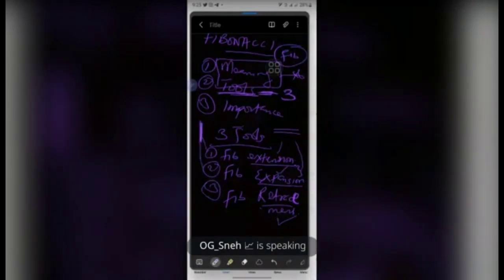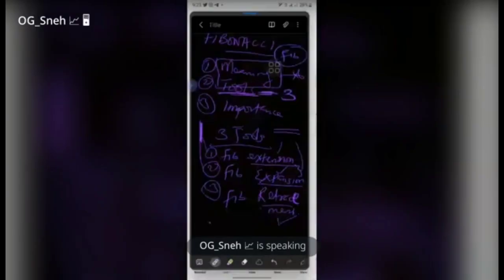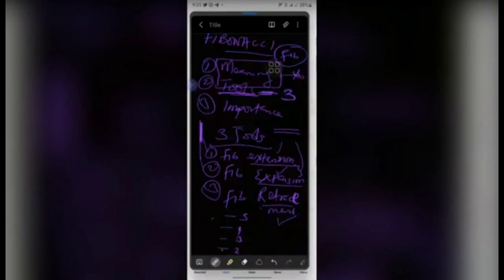They serve the same purpose. And what is the purpose of Fibonacci extension and Fibonacci expansion? We use it to take profit. You understand? We use it to take profit. That is to set our take profit. Let's say you enter the market at, let's say, $2, $3, $4, $5. So let's say you enter the market at what?